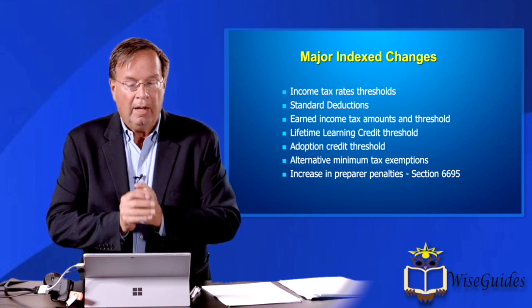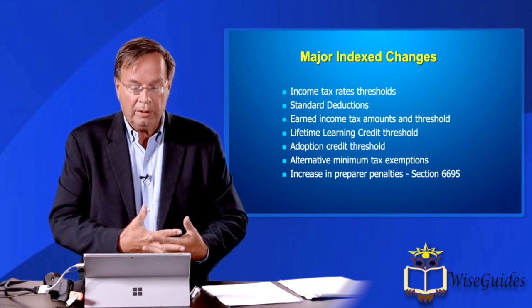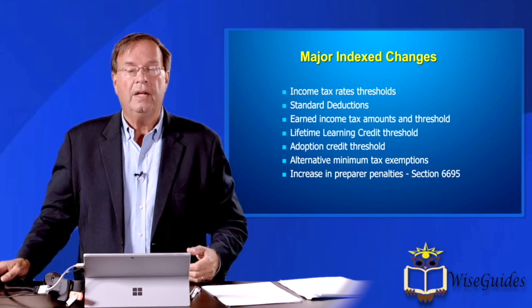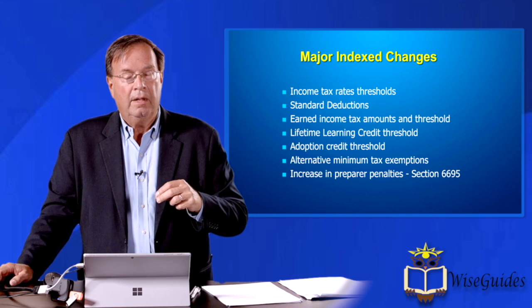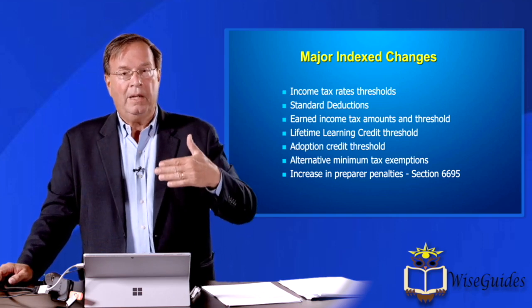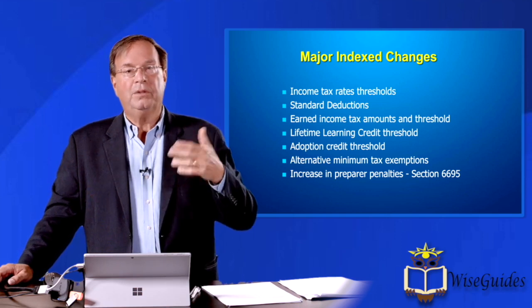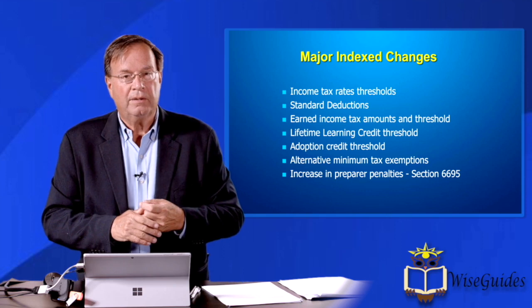The major pieces we look at are income tax rates, schedules and thresholds. We know income tax rates are set by Congress, but where they break and go from the 10% bracket to the 12% bracket, or from the 35% to whatever, gets indexed each year based upon cost of living.